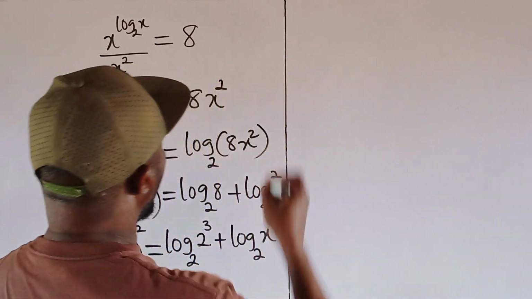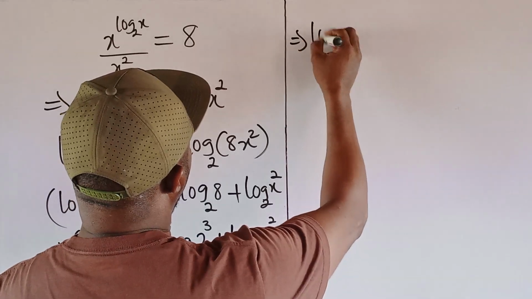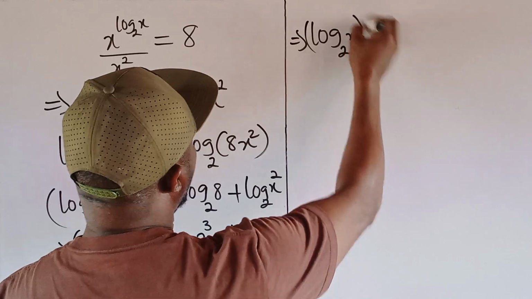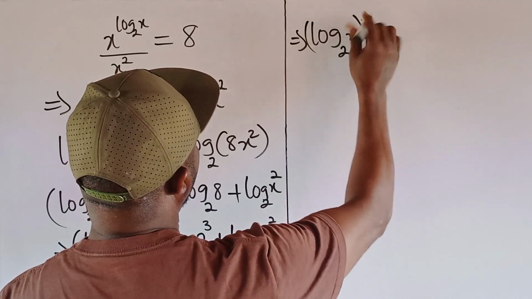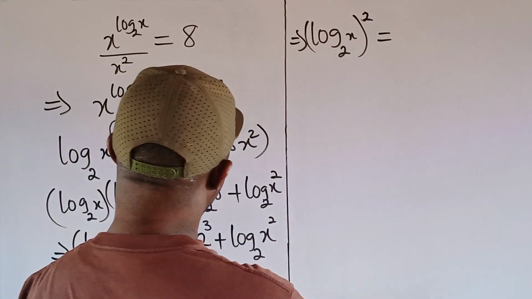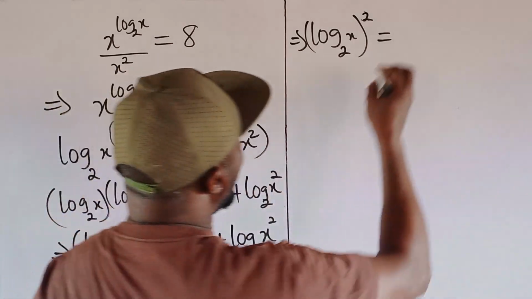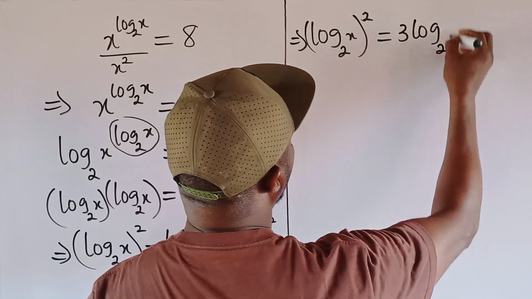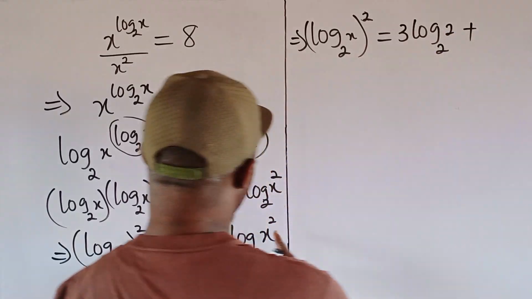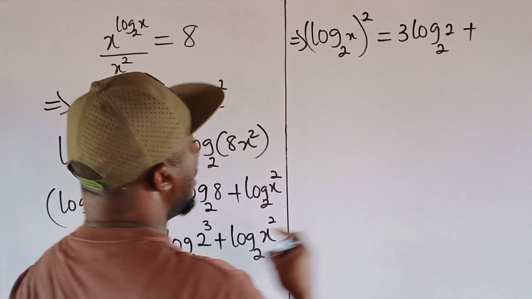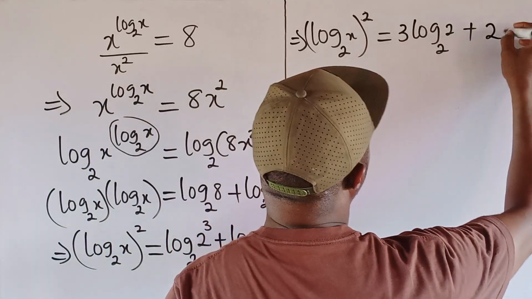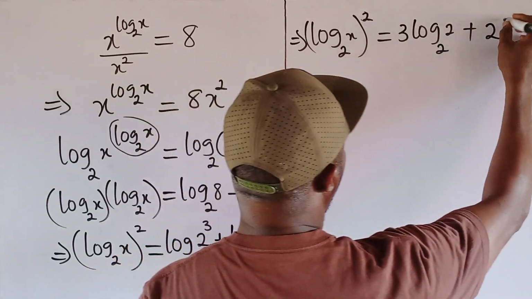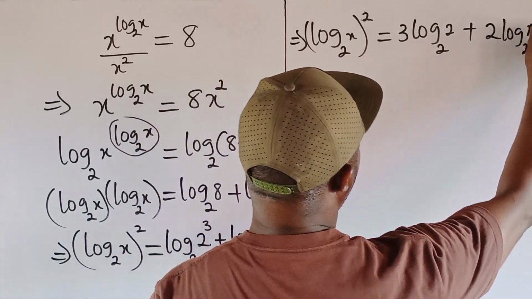So, log to the base of 2 of the argument x whole squared will be equal to 3 becomes a multiplier here. 3 multiply log to the base of 2 of the argument 2 plus 2 becomes a multiplier here. That will be log to base 2 of the argument x.